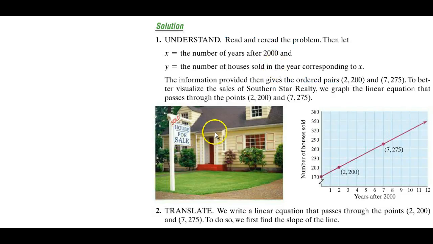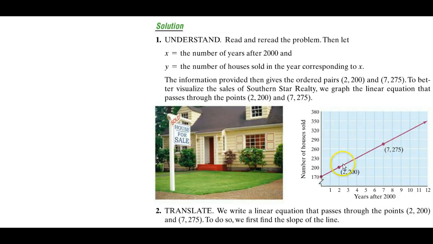So this real estate agency has been in business for a while, and starting in the year 2000, so in 2002 they sold 200 houses, and then in the year 2007 they sold 275 houses.